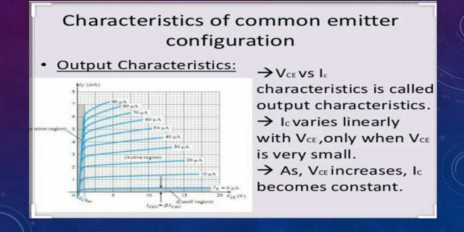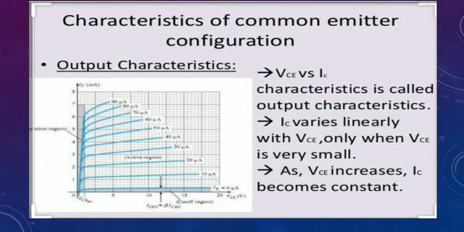See, the collector current is always constant. See this line, the collector current is always constant. But the base current will vary, no? See the 10 microampere, 20 microampere, 30, 40, 50, 60, 70, 80 and 90 microampere. But this straight line indicates the active region is always constant. Which current is constant? Collector current is constant.